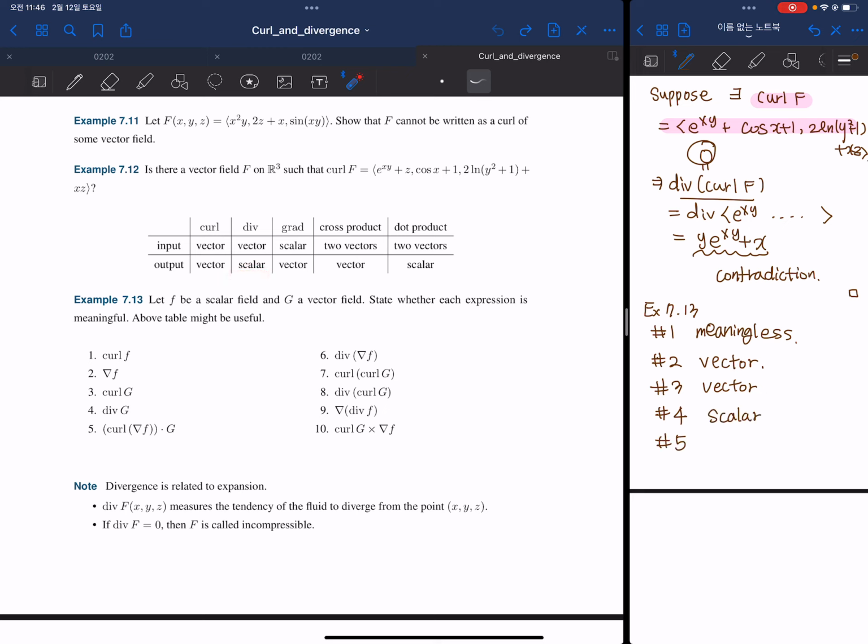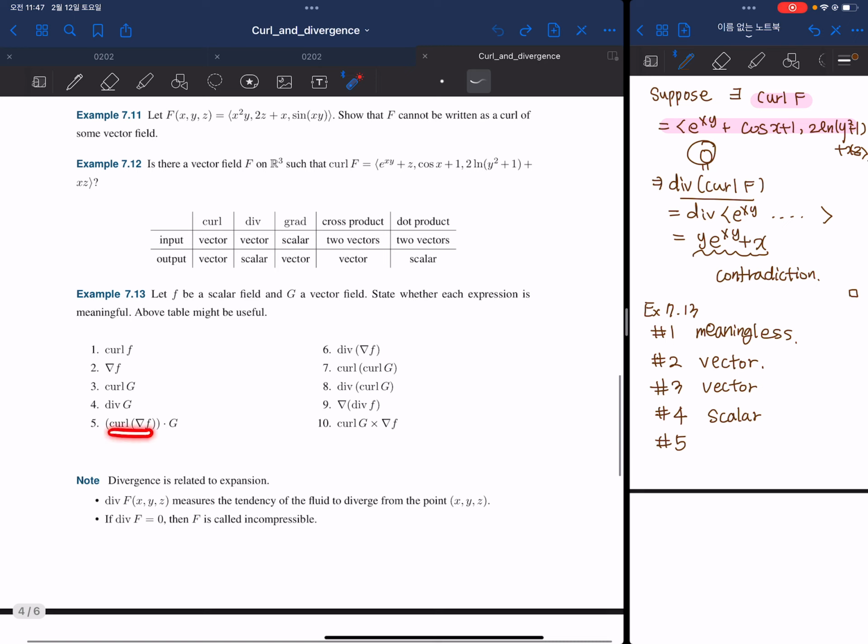And then the 5 here, okay, first the gradient F. So for gradient, you input a scalar, right? So it's fine, and then you will get a vector. Okay, and this one is a vector, so the input of the curl is a vector. Okay, and then the output should be a vector, right? After that we want to take a dot product here, so dot product of two vectors.